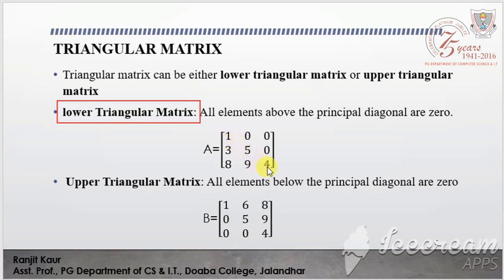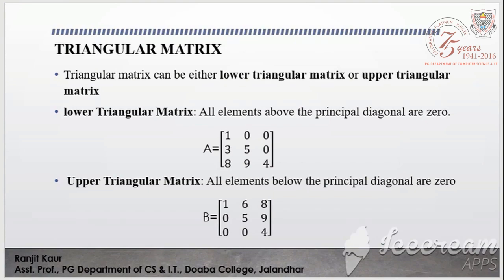So how many elements are there in principal diagonal? 3, 1, 5 and 4. These are the elements of principal diagonal. So according to the definition of lower triangular matrix, all the elements above the principal diagonal are 0, as you can see over here. So this is known as lower triangular matrix.